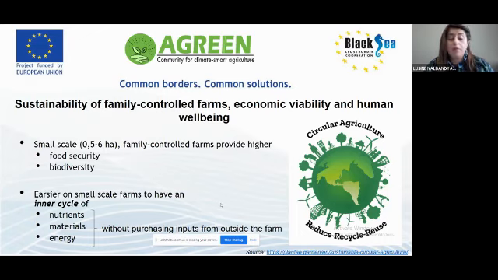In sustainable farm management, it is an important goal to maintain an inner cycle of nutrient materials and energy without purchasing inputs from outside the farm unless it is indisputably necessary.